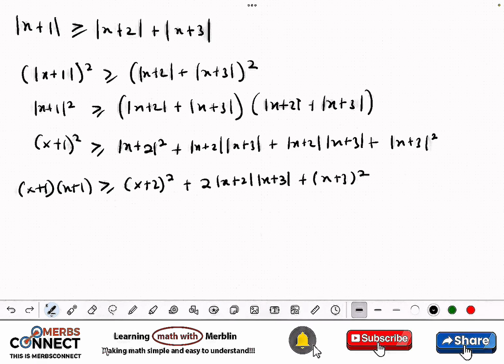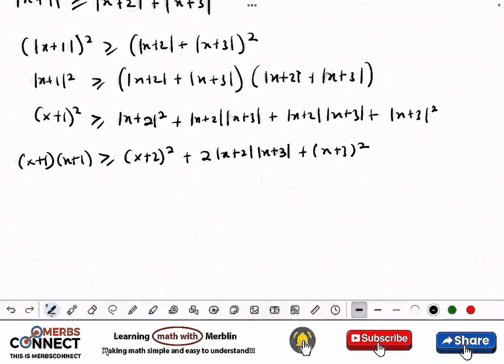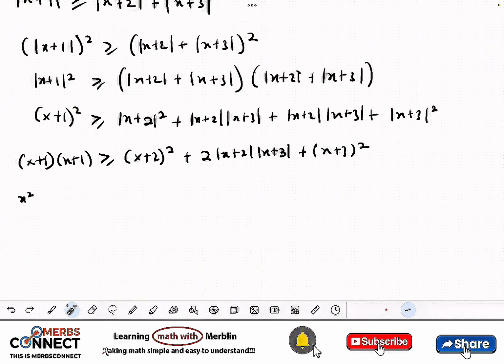Now, after this, what we are going to do is we group items. The one with absolute at one side and the one without absolute to one other side. So that's what we are going to do. So when I do that, on the right hand side here, when I expand, I'm going to have x squared. Then this times this will be plus x.